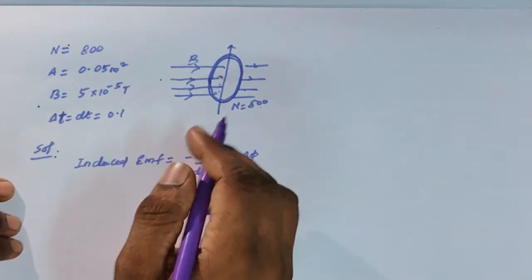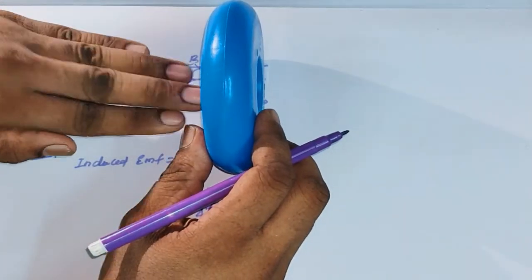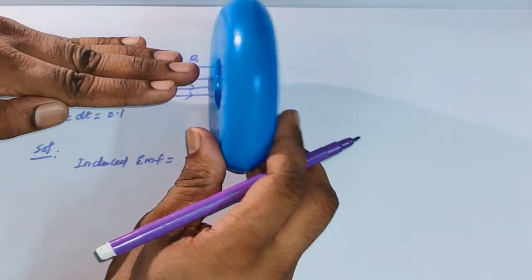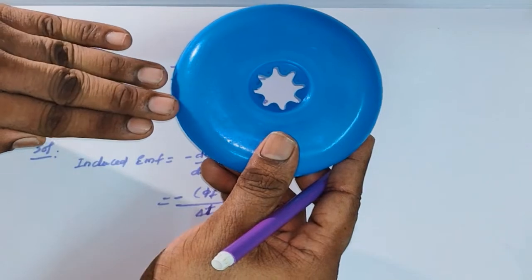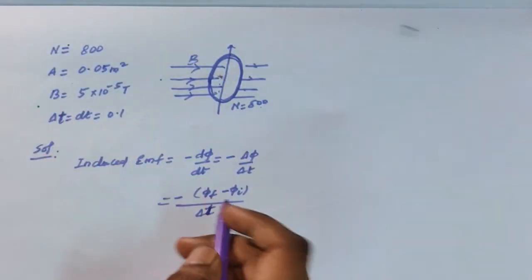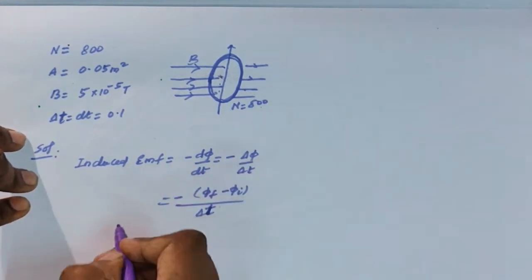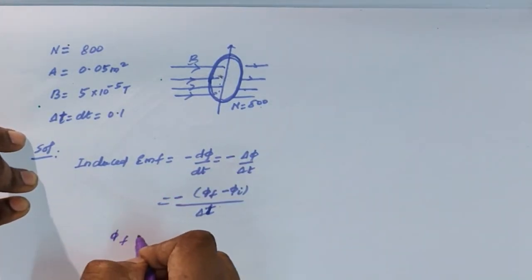The final flux will be 0, because if the magnetic field is perpendicular to the surface and you rotate 90 degrees, it becomes parallel, and no flux passes through the surface. So the final flux φf after the rotation would be 0.